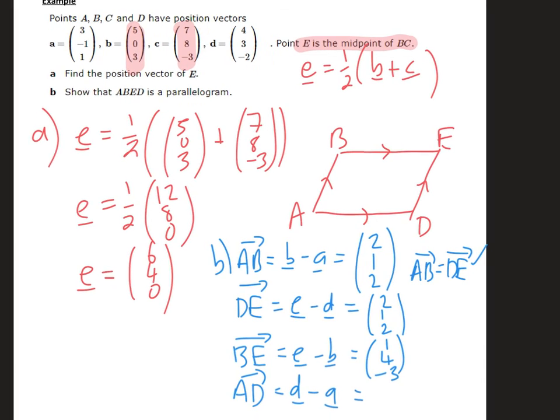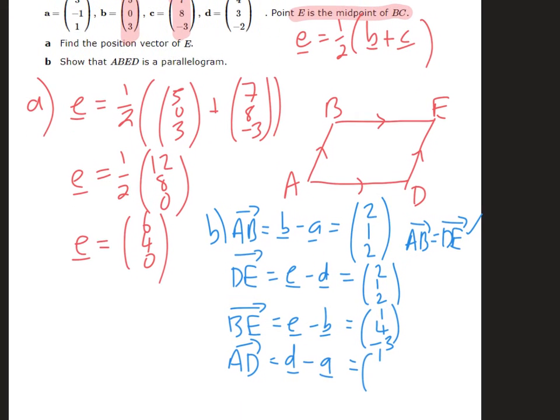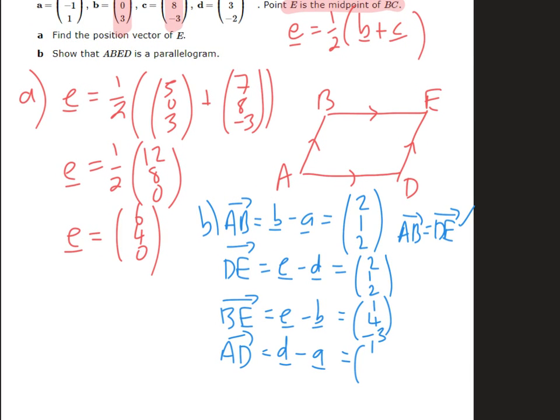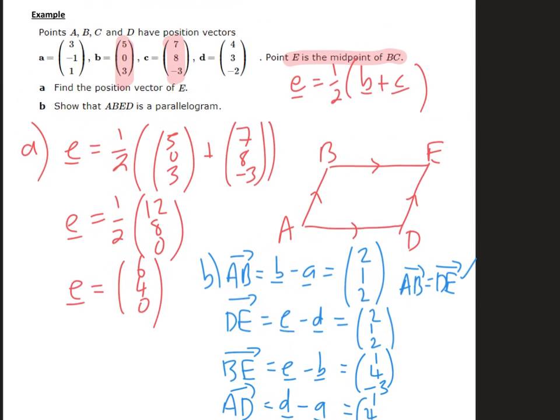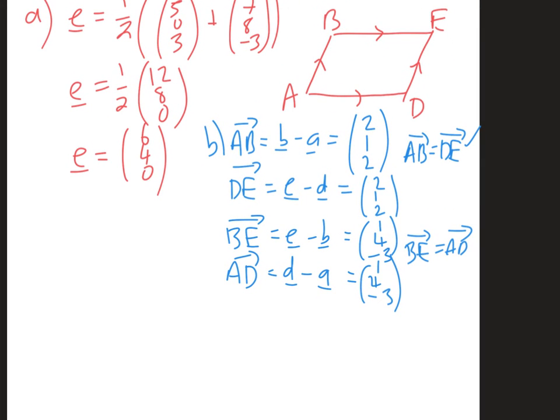So that's 4 minus 3, which is 1, 3 minus minus 1, which is 4, and minus 2 minus 1, which is minus 3. So therefore these two are equal. So BE is equal to AD. Therefore ABED is a parallelogram.